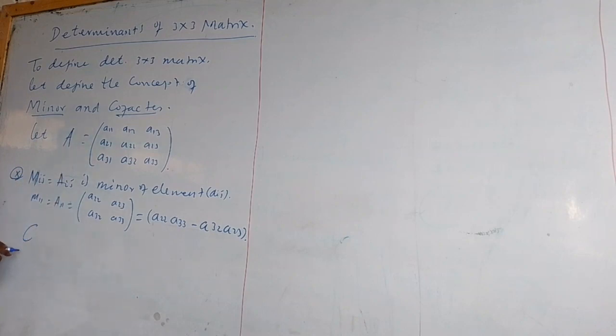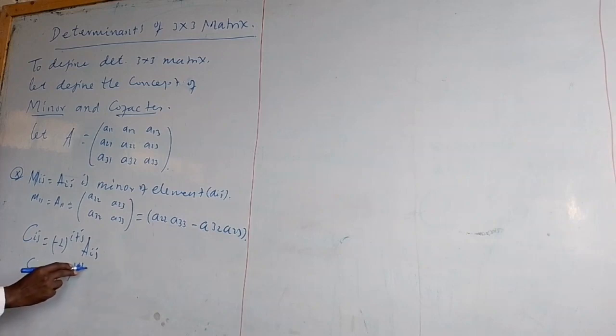Let's see the cofactor Cij. The cofactor Cij of element Aij is minus 1 raised to i plus j times the minor of Aij. Here i takes the value 1, 2 or 3, and j also takes the value 1, 2 or 3.